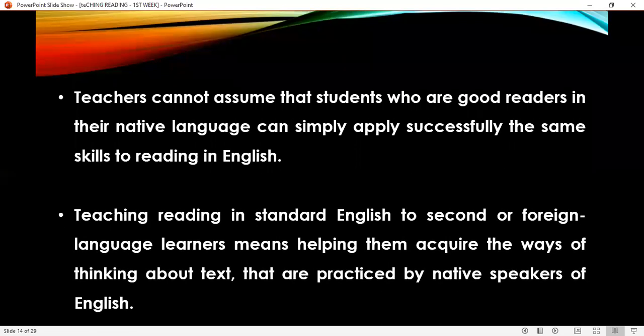That teaching reading in standard English to second or foreign language learners means helping them, so we as teachers are going to help them acquire the ways of thinking about texts that are practiced by native English speakers. So here is what we have to do as teachers.